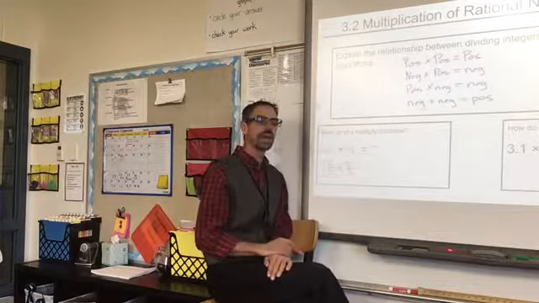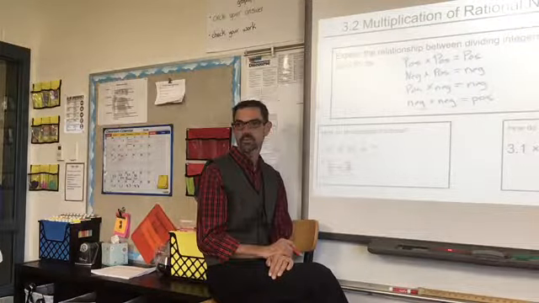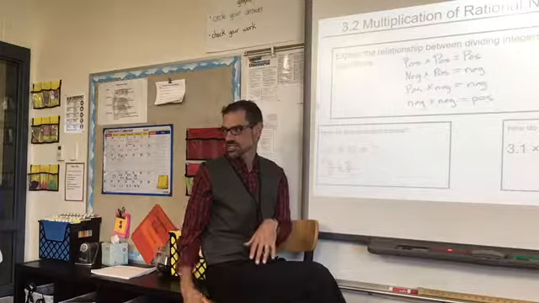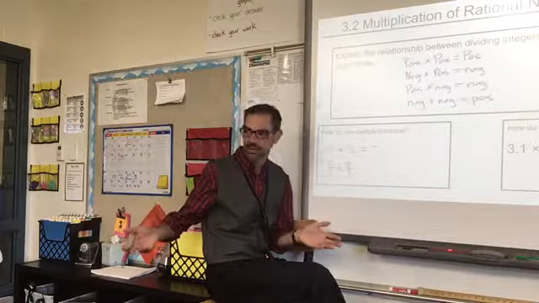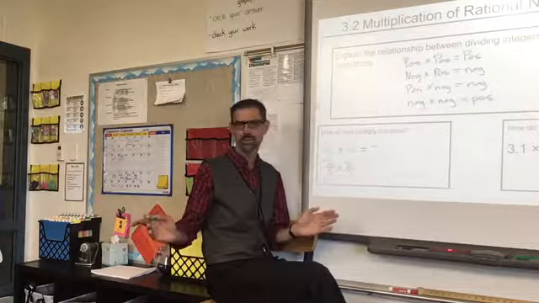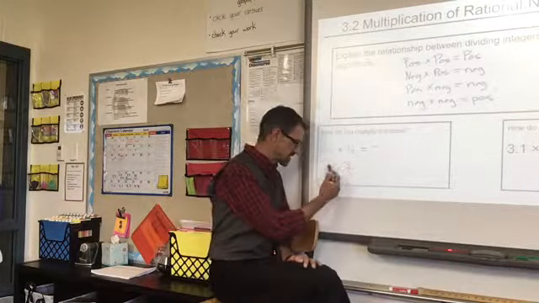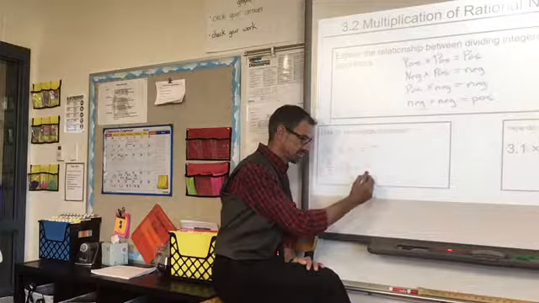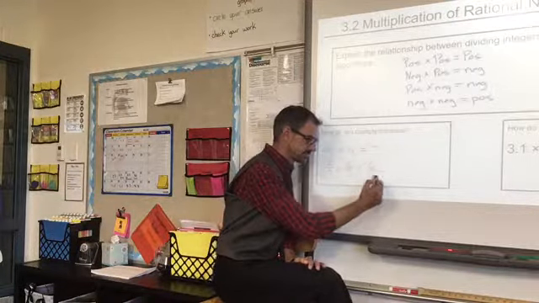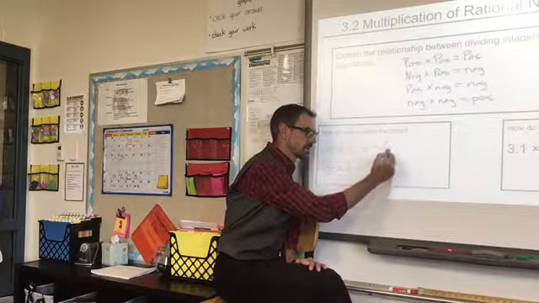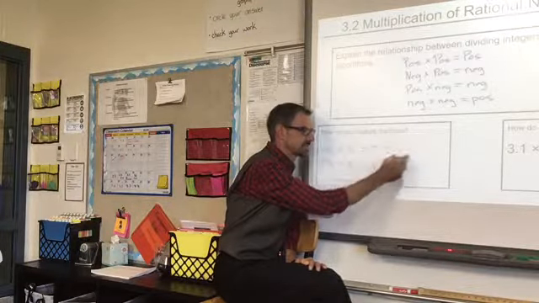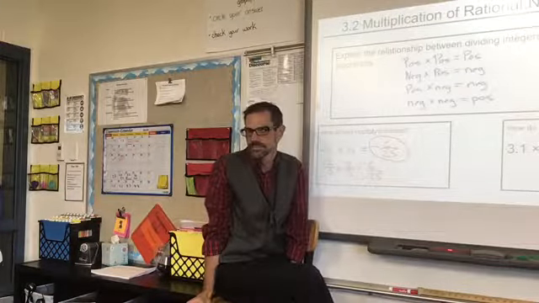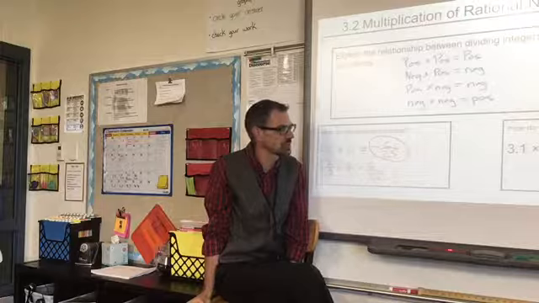When I multiply a fraction, I multiply straight across. It's very different. In subtraction and addition, you have to find common denominators, right? Multiplication is so easy. It's just negative 2 times 3, negative 6, 5 times 5, 25. So my answer is negative 6 25ths. It's pretty nice how it works out really simple.